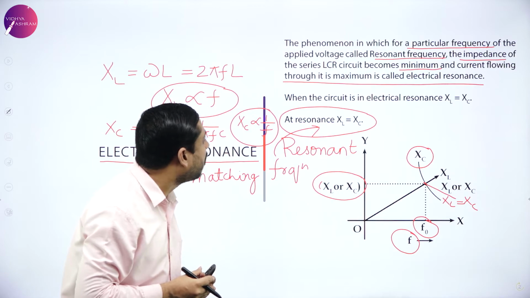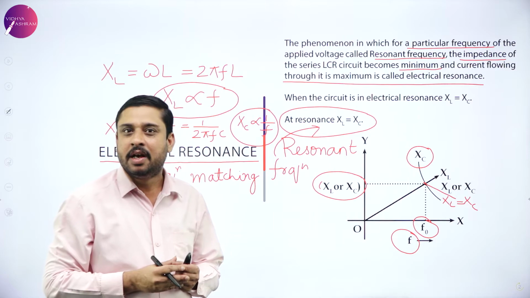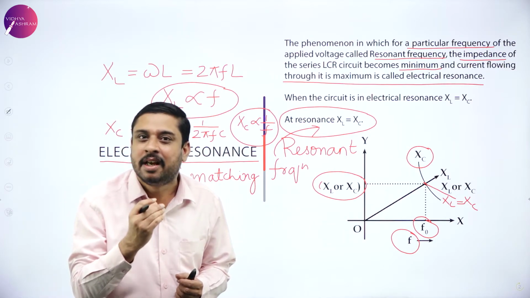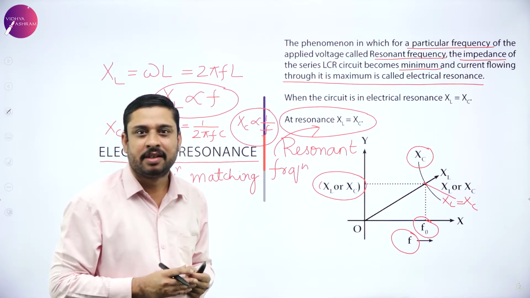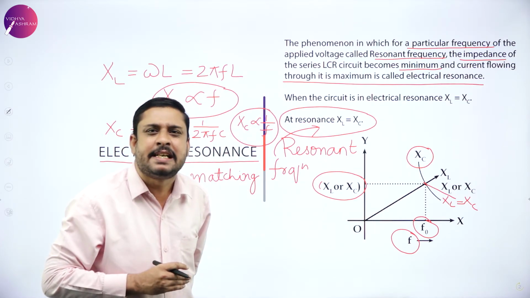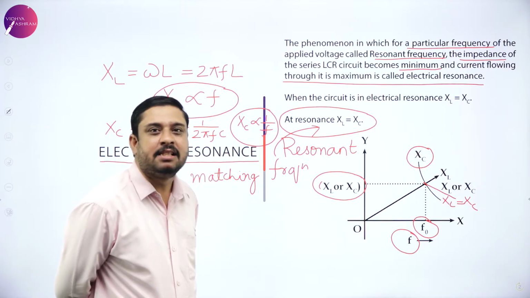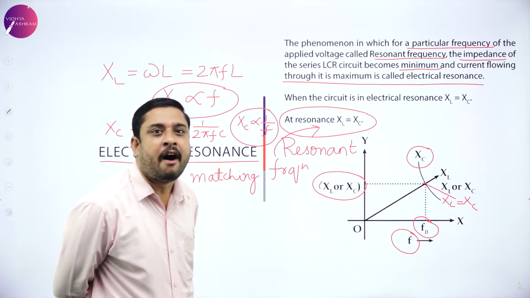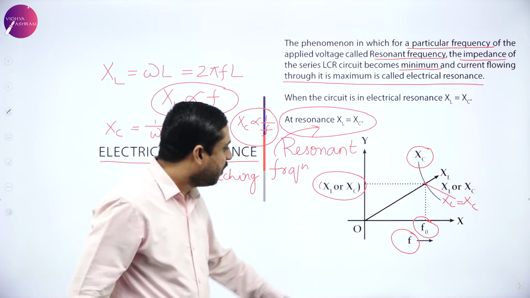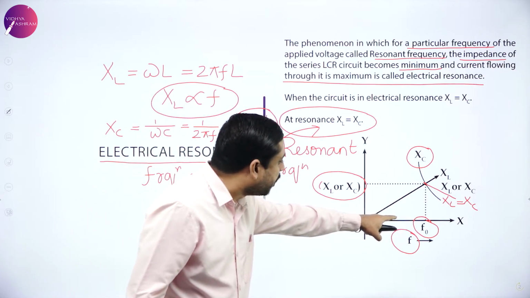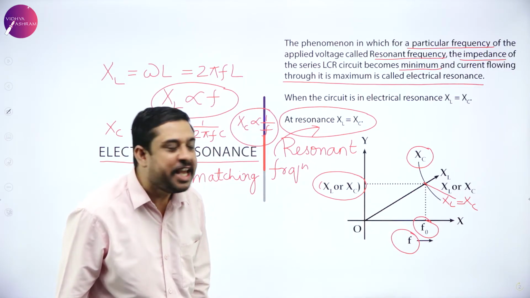And this is what we call electrical resonance. So what is electrical resonance? It is a phenomenon classically observed in a series LCR AC circuit, where for a particular frequency, what do I call that frequency?